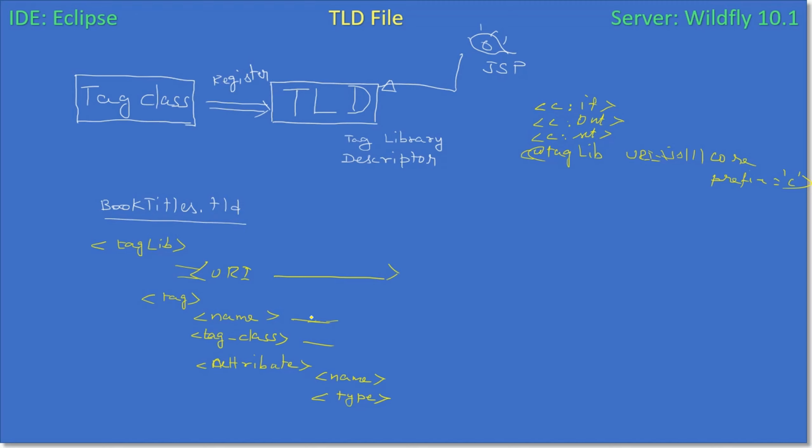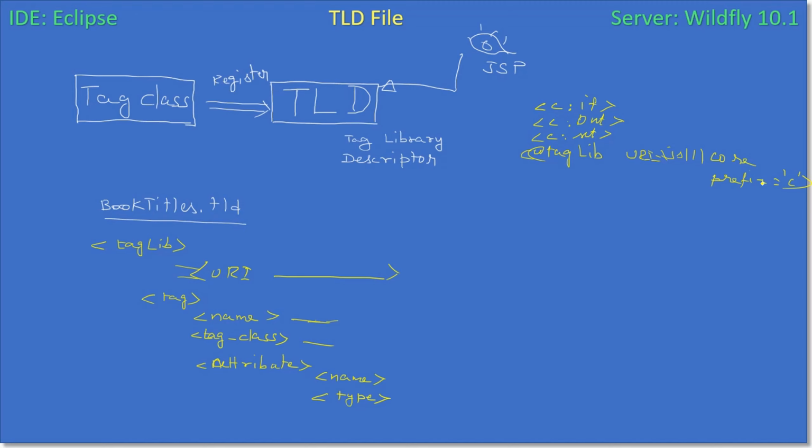So the tag name will be if, and the tag will be defined. After that the tag name will be out. After that the tag name will be set. So all these three tags will be defined inside a single tag library defined by a specific URI. That's what we refer to when we are writing our JSP page. We say that I want to use the tag library identified by this URI, and when I am using it, I can't specify that big URI here.